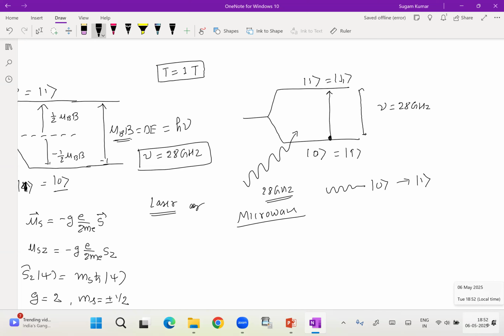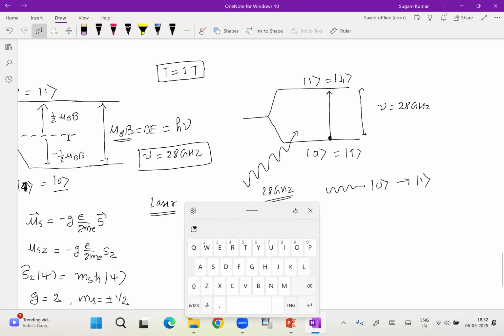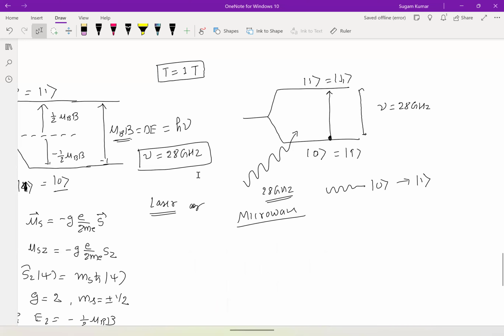Now, there is a catch here. This is not so straightforward and simple, because if I shine this photon, and if these photons are continuously falling on the electron, then this process, what I have shown you, is called absorption.